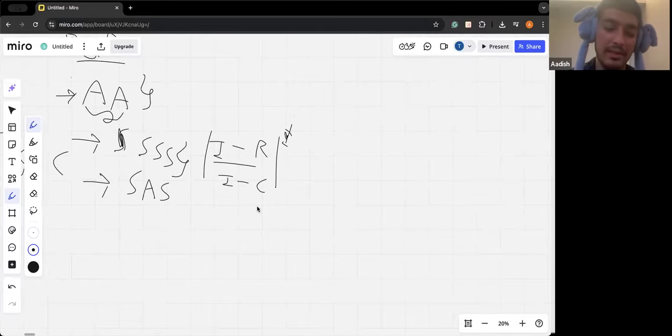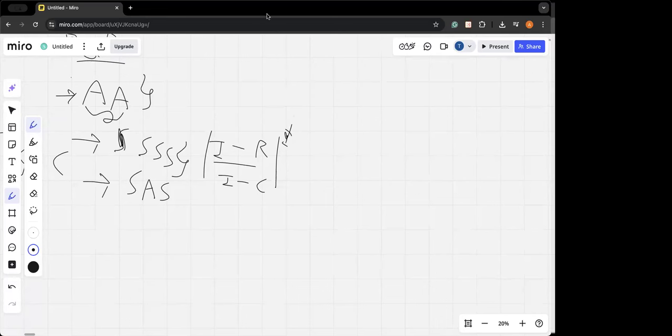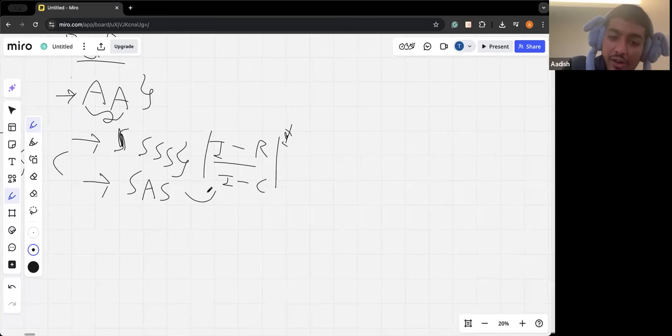A ratio of complex numbers encodes two pieces of information. One is the ratio of lengths. What's the second piece of information? The angle. This already contains all the information of SAS. It has the ratio of the side lengths and the angle between them.